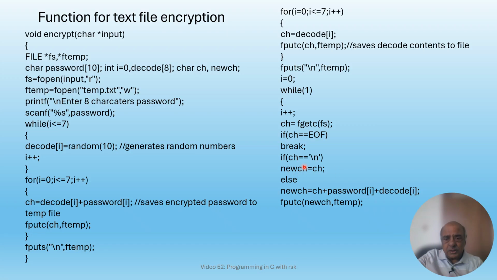If the ch does not contain the new line character, what we do is we create a new ch which is given by this expression: ch, the character read from the source file, plus password[i] plus decode[i], and then we write this new ch character onto the temporary file through this fputc function.